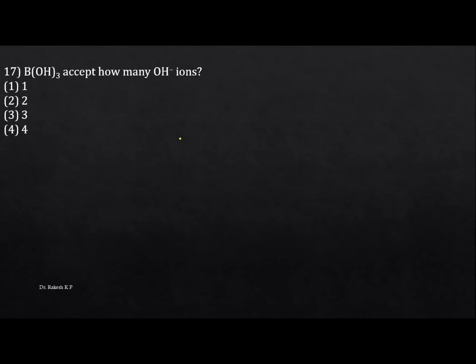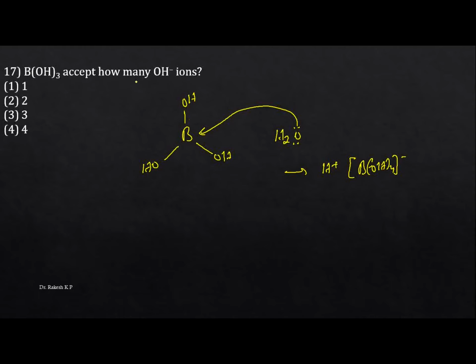We know the structure of orthoboric acid: B with three OH groups. Boron has an incompletely filled p orbital, so it accepts electrons from the lone pair on the oxygen of water, giving H plus and B(OH)4 minus. So it accepts only one OH minus. Hence the option is the first one.